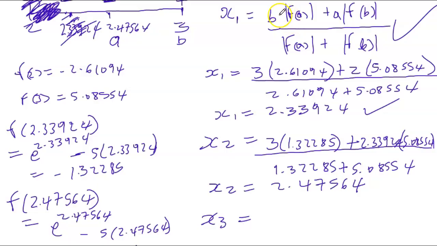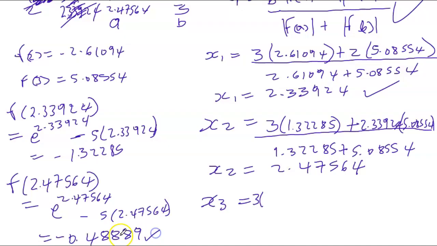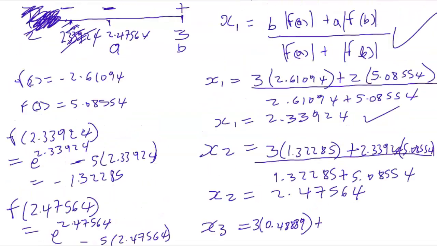Alright, so this time we have b, again the b is positive 3. And f of a is f of 2.47564, which we found to be negative 0.48889, but because we're using the modulus according to the formula, we use positive 0.48889 plus a, and a is 2.47564, times f of b, and f of b is f of 3, and we already have that.